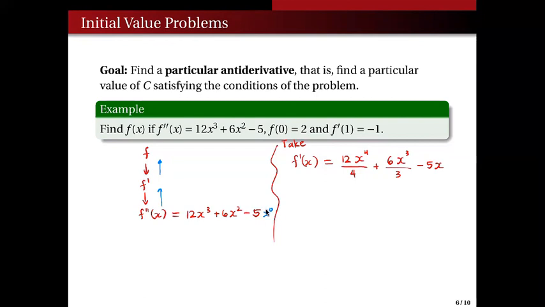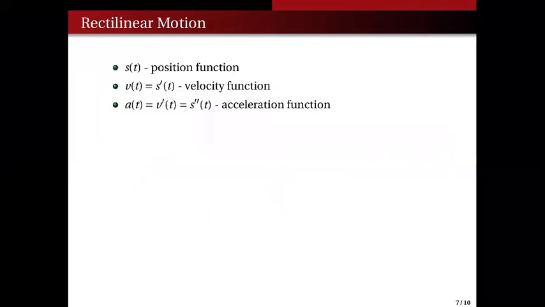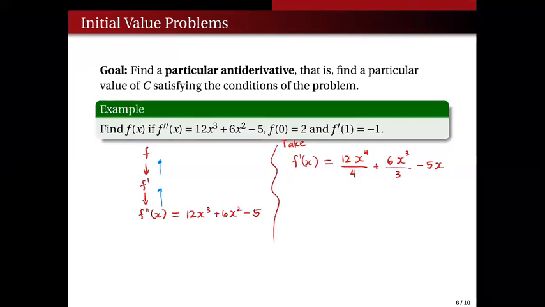So x to the 0 becomes x to the 1, then over 1. It's just the same. And then, of course, we have the arbitrary constant c. Let me label this as C sub 1. So this is our f prime of x.